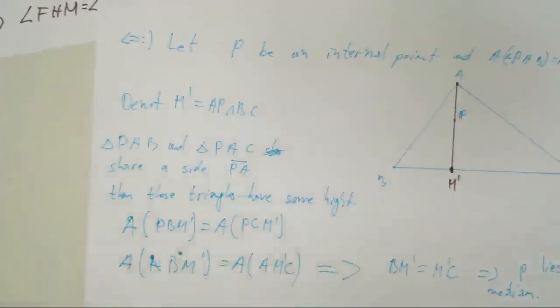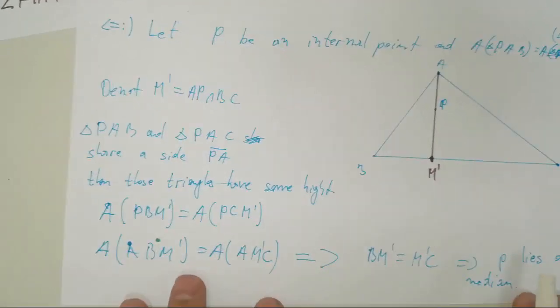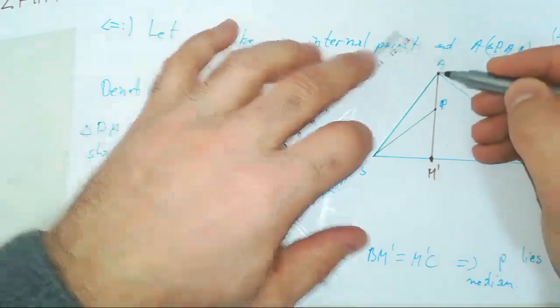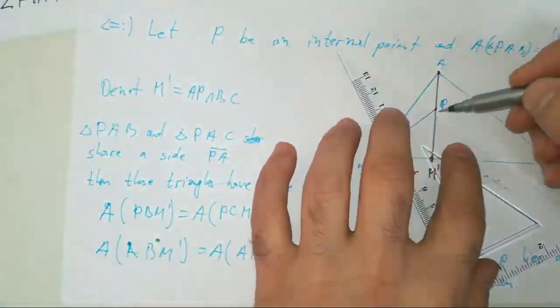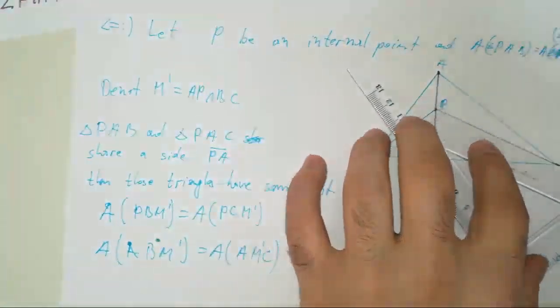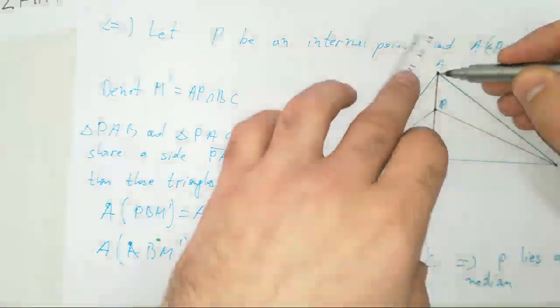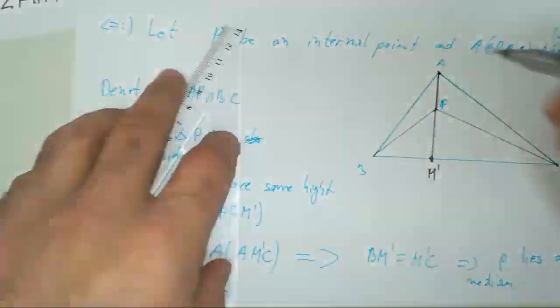The triangles PAB and PAC share a side. These two triangles share the side AP.